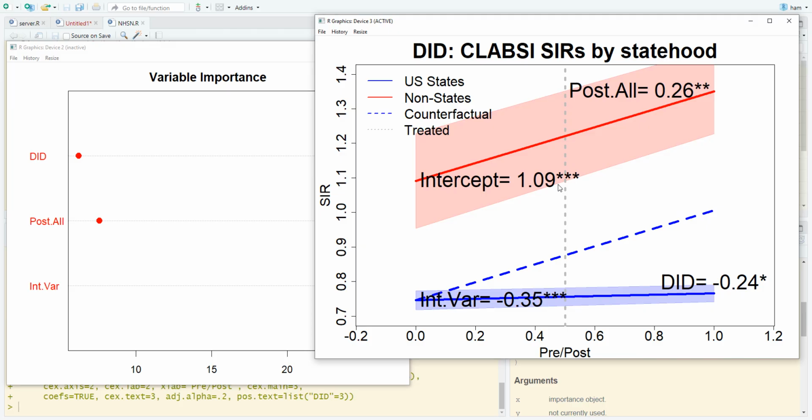So when we look at the trend for our control group, which is in red, and the trend for our intervention group, which is in blue, if you were to subtract the trend for our 50 U.S. states from the trend for our 4 non-U.S. states that are in red, that value would be negative 0.24, which would indicate that, as we can see here, for the most part, our 50 states stayed about the same.